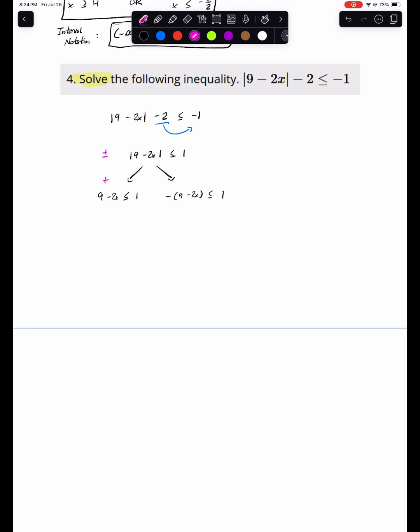For our left side, subtract 9, get negative 2x less than or equal to negative 10. Divide by negative 2, flip the sign, and you get x greater than or equal to 5.